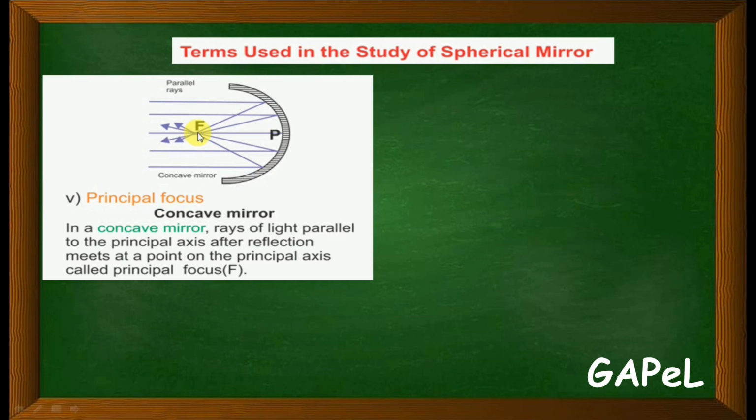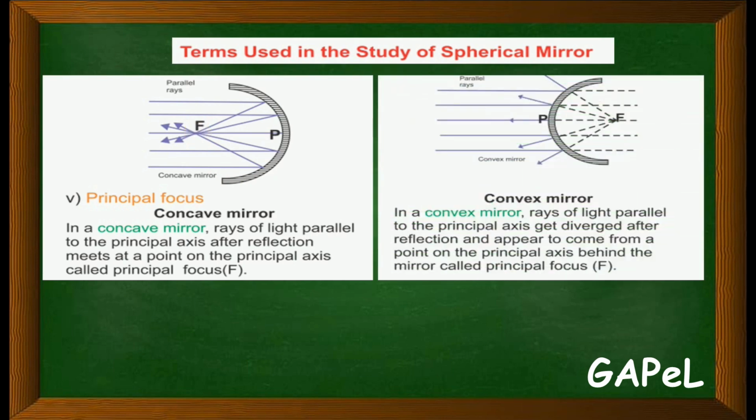Now in a similar way we'll look at the convex mirror. Again this is the principal axis, and 1, 2, 3, 4 are your parallel rays of light.